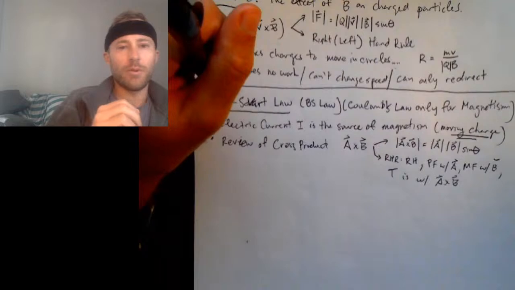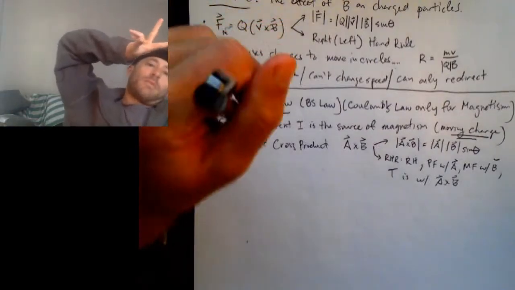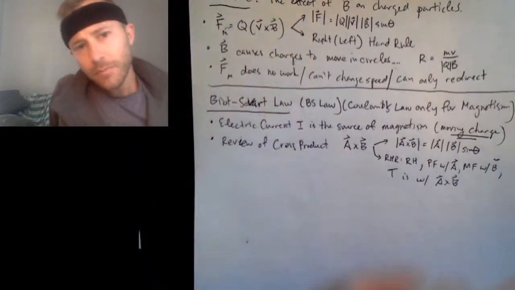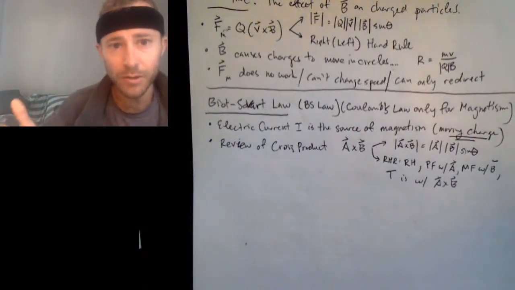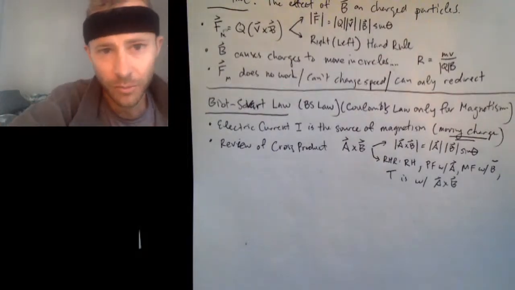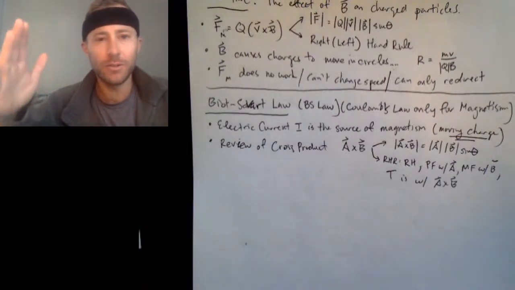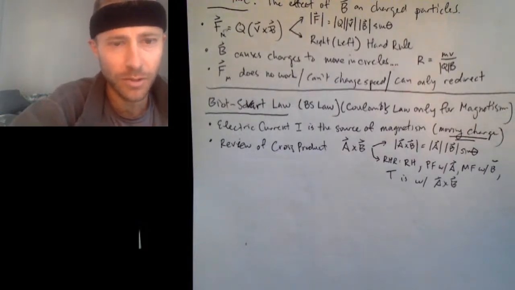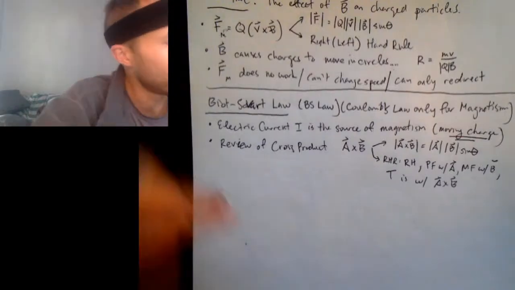But if I put my pointer finger to the right and my middle finger up, that leads to a cross product towards the camera. Whereas regular multiplication is commutative, like 3 times 4 is equal to 4 times 3, the cross product is anti-commutative, meaning A cross B is equal to negative B cross A. It's a little different from the regular rules for multiplication.